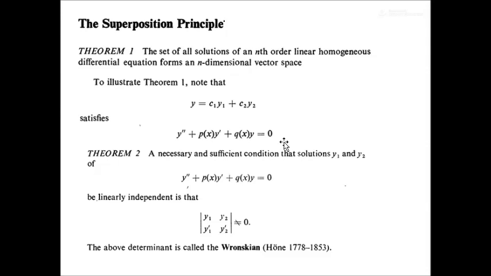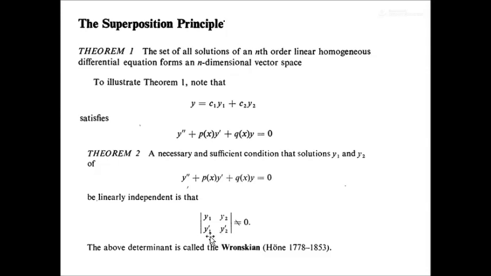And there exists another theorem. A necessary and sufficient condition for a differential equation of this form to have two solutions y1 and y2 is that the determinant of y1, y2, y1 prime, y2 prime should exist.